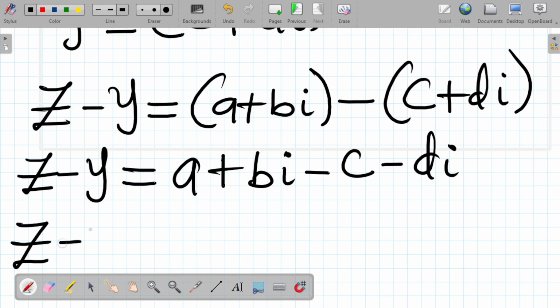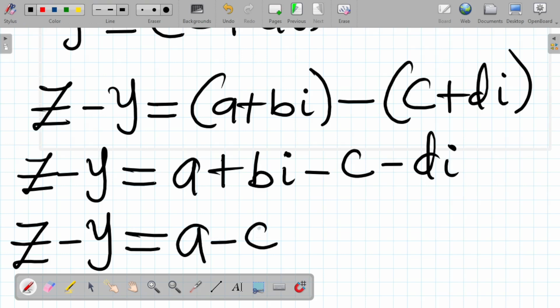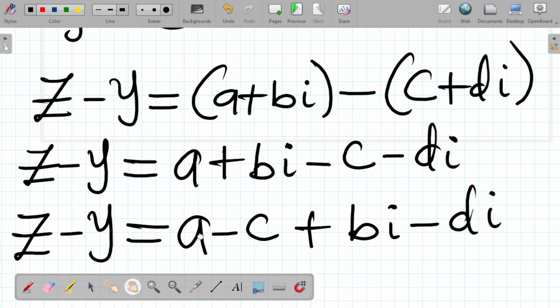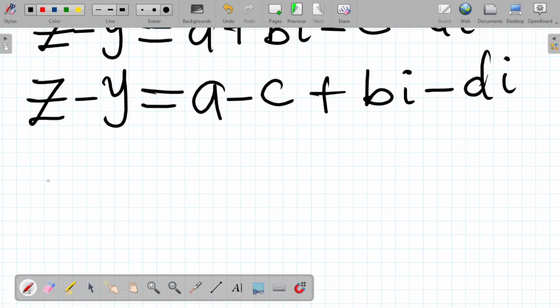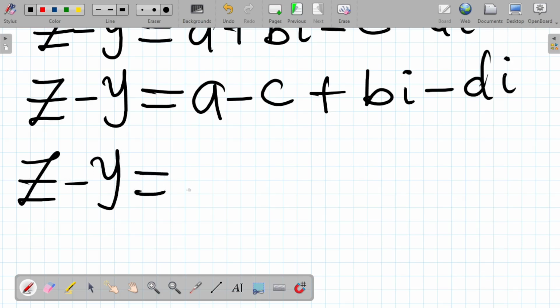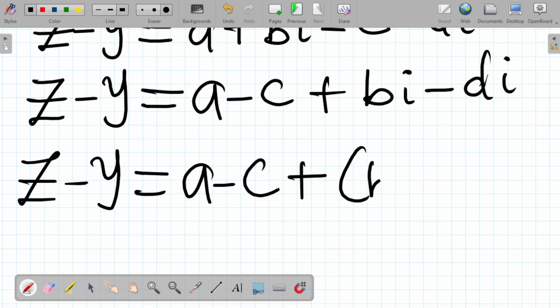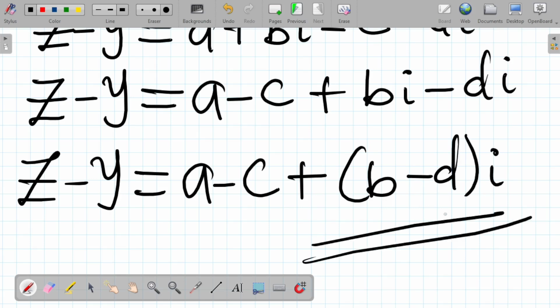So z minus y is equal to, you take the like terms, so we have a minus c, and then plus bi minus di. So z minus y is equal to (a minus c) plus (b minus d) multiplied by i. So this is our final answer.